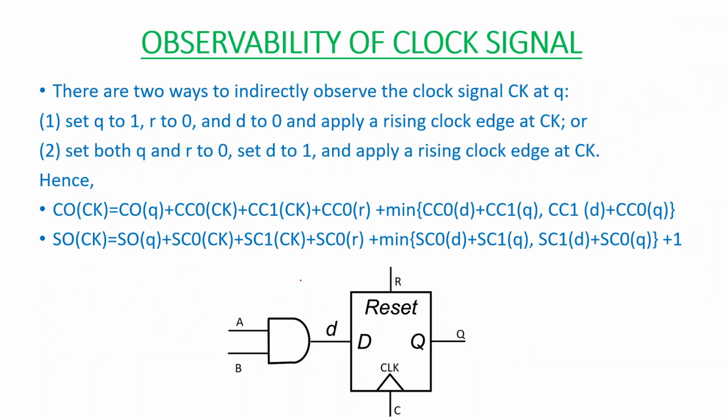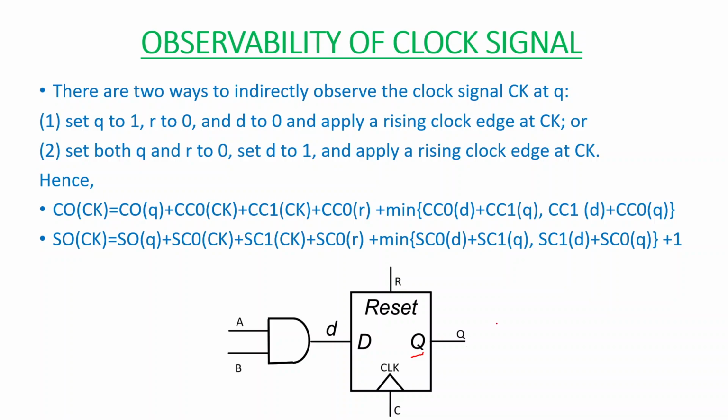So now we want to observe the clock signal. There are only two ways to observe the clock signal. Again, the clock is a primary input, but it can only be observed at the primary output Q. So what we can do is set Q to 1 and reset to 0.